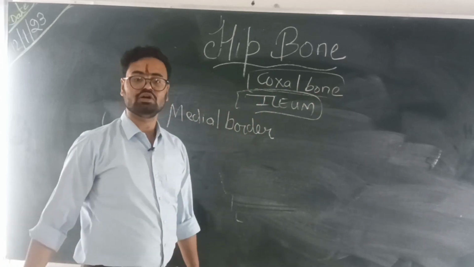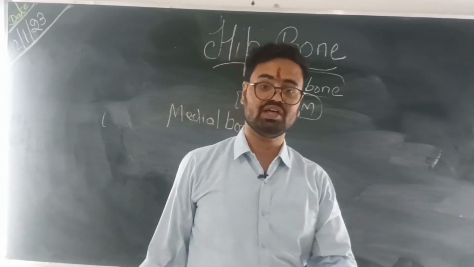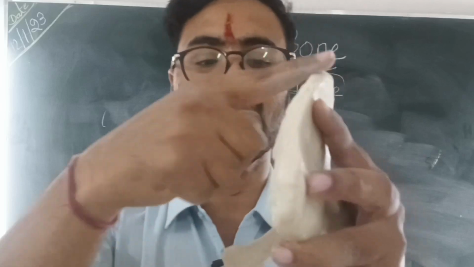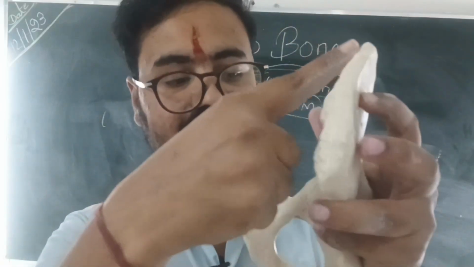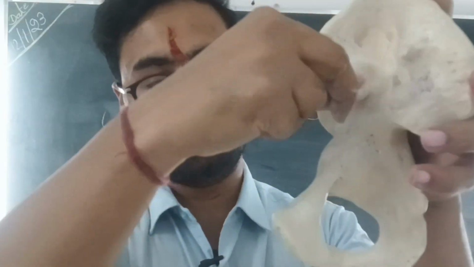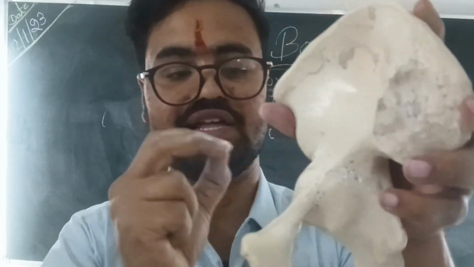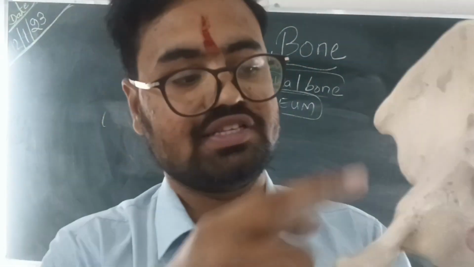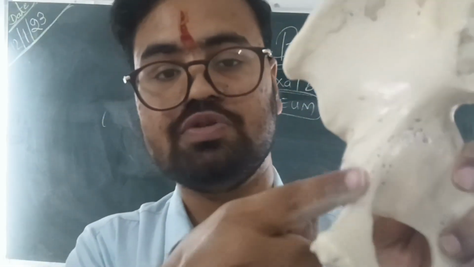The medial border of the ilium extends from the iliac crest. I told you this one is the iliac crest, up to the iliopubic eminence. See, this is the ilium and this is the pubis bone.